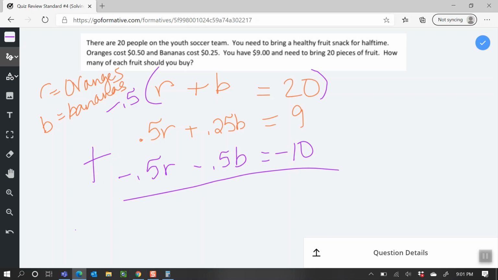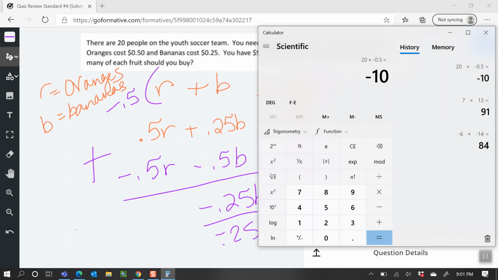Add together. Negative 0.25 B equals negative 1. Divide, oops, lost my B. Divide by negative 0.25. Divide by negative 0.25 on calculator.